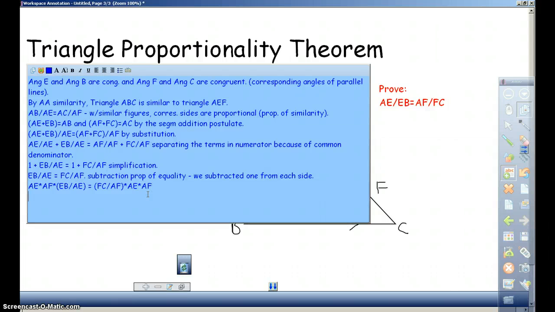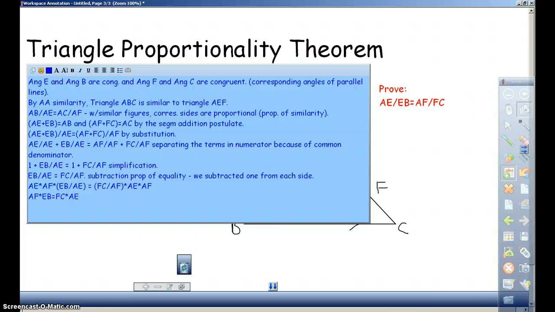All right, why do we do that? Now that we're multiplying and dividing by AFs, the AFs go away. And multiplying over here by AE and dividing by AE, so that's going to go away. So on this side we have AF times EB is equal to FC times AE.